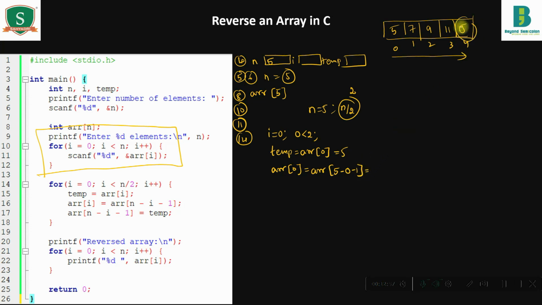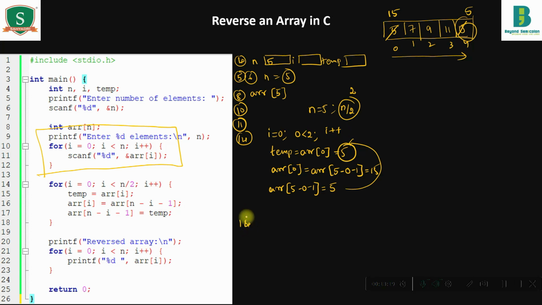So array of 4 value is 15, so we are replacing 5 with 15. Then array of 5 minus 0 minus 1, that is array of 4, is equal to temporary. Currently the temporary value is 5, so we are updating this value with 5. Here goes I plus plus.